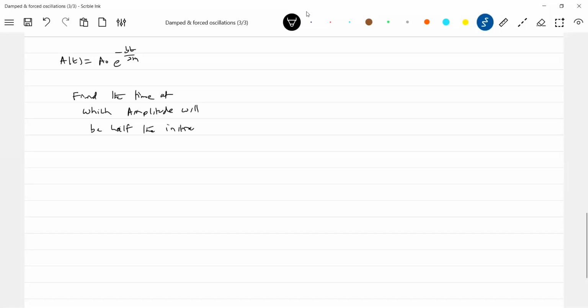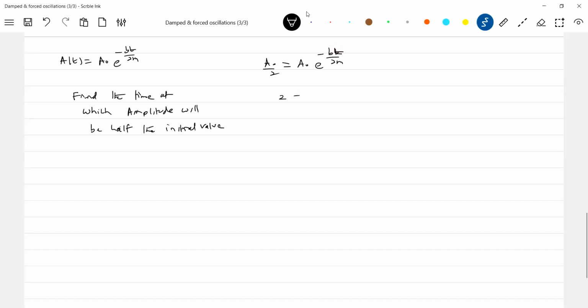Find the time at which the amplitude will be half of the initial value. If they ask you like this, what should we do? In place of A of t, write A naught by 2. So A naught by 2 equals A naught e to the power of minus bt by 2m.